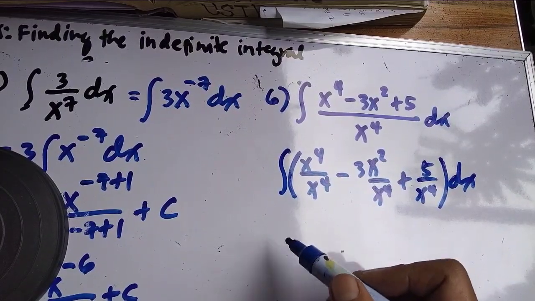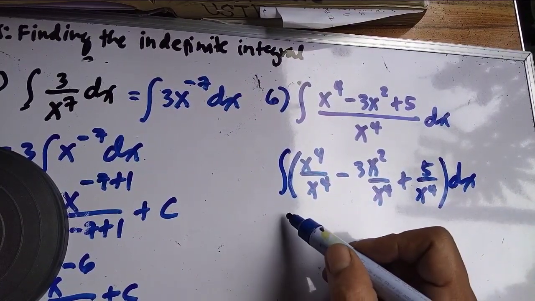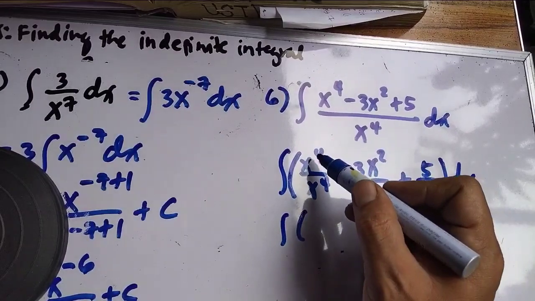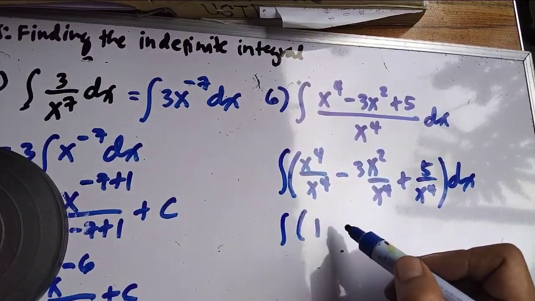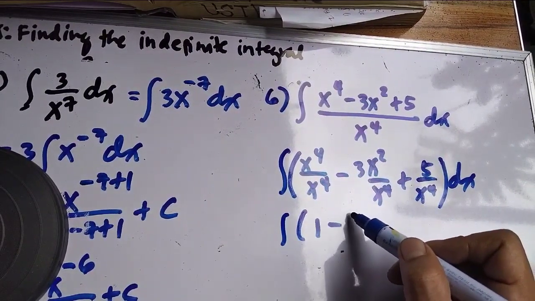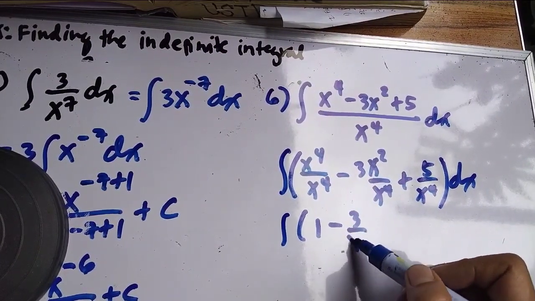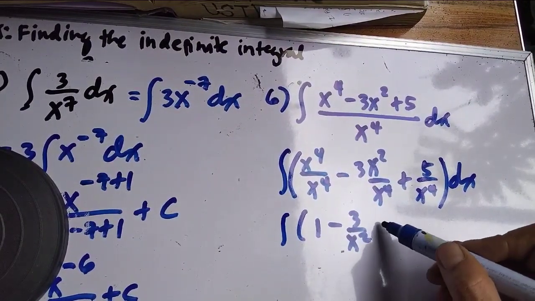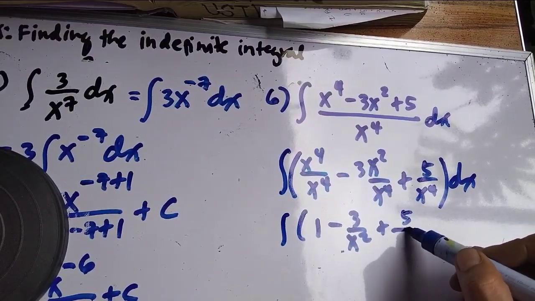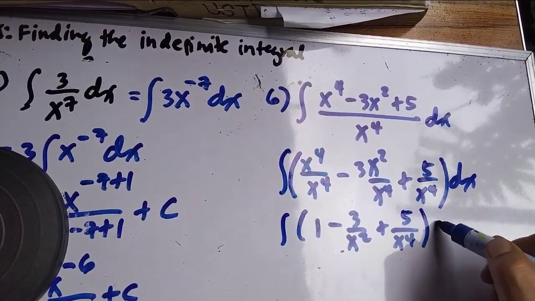So we have now, ato na siyang gi-divide. So that becomes x to the 4th over x to the 4th is 1, minus 3 over x squared, plus 5 over x to the 4th dx.